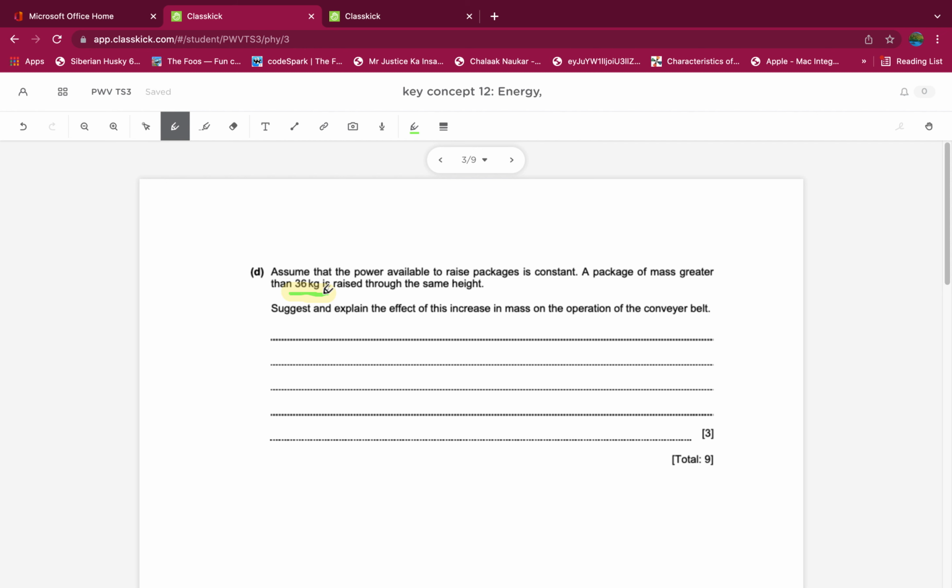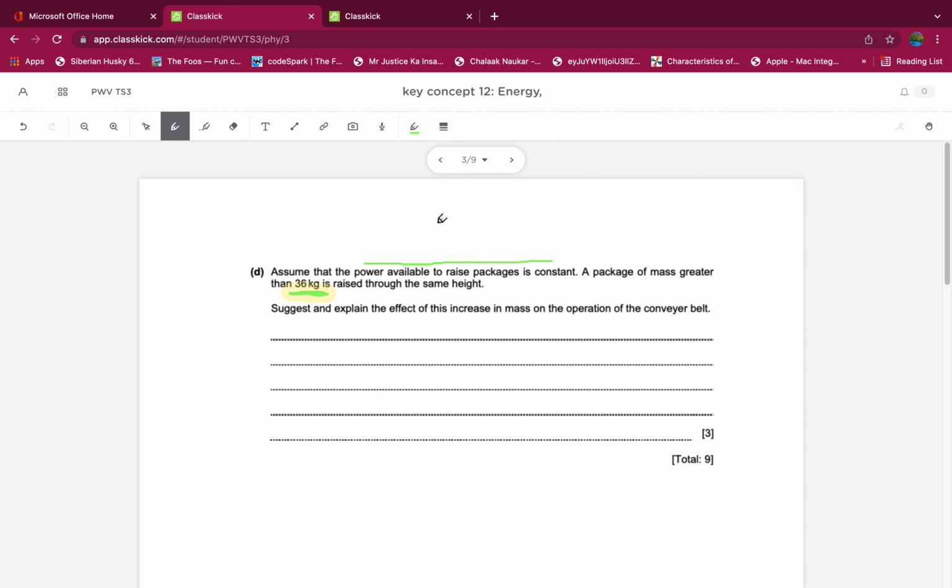The question says to assume that the power available to raise the package is constant, and a package of mass greater than 36 kg is introduced. So when the power is the same but the mass has increased, the increase in potential energy of the mass is greater.